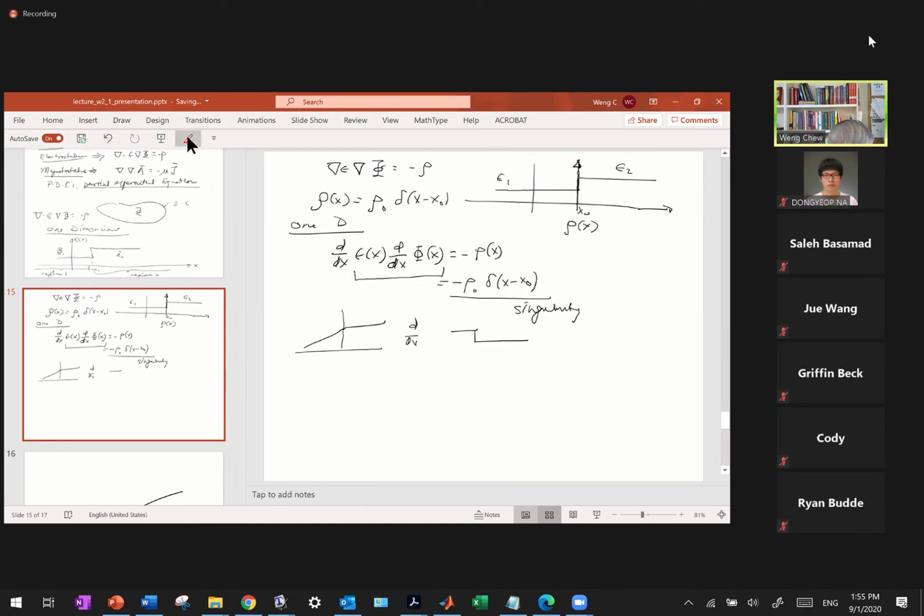If you apply d dx to this function, it has a step discontinuity. A function with slope discontinuity, when differentiated, gives you a step discontinuity. However, consider a function with a step discontinuity, like this over here.